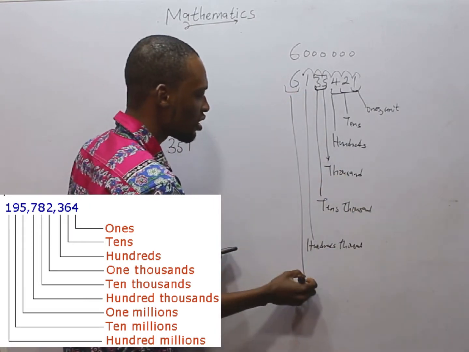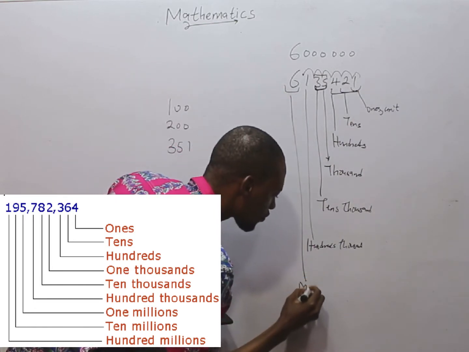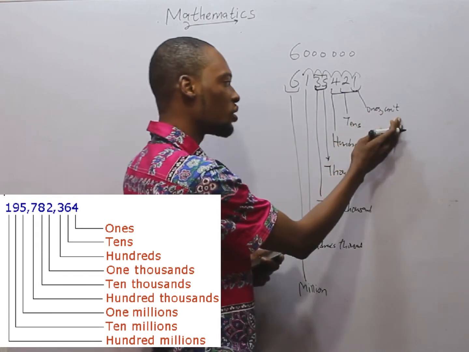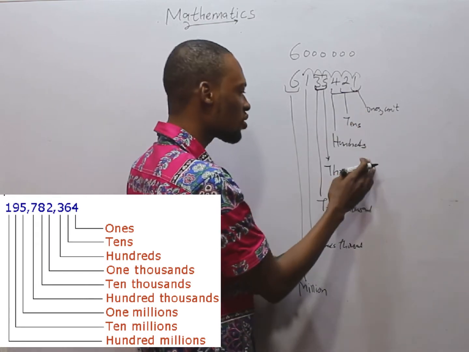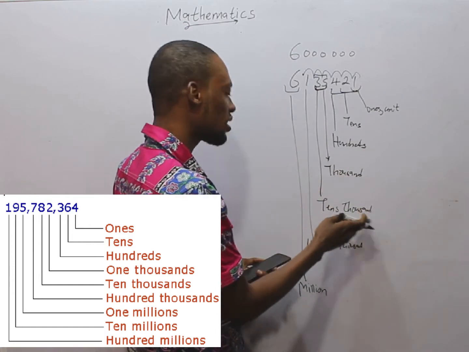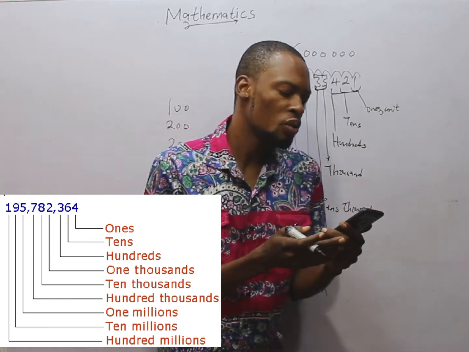How about here? You have 6 at the front. This is million, so this is million. So ones or unit, tens, hundreds, thousand, tens of thousand, or 10,000, 100,000, then million. That is how it goes.